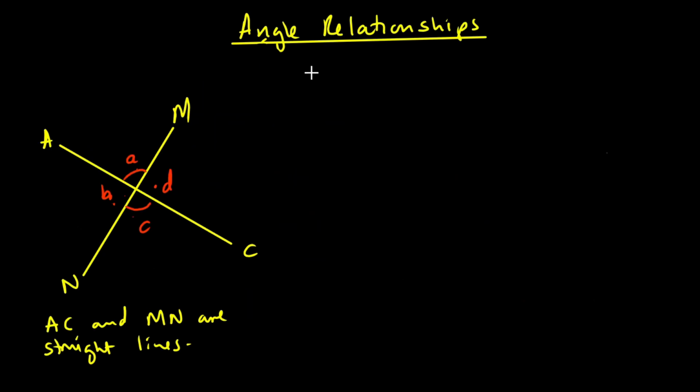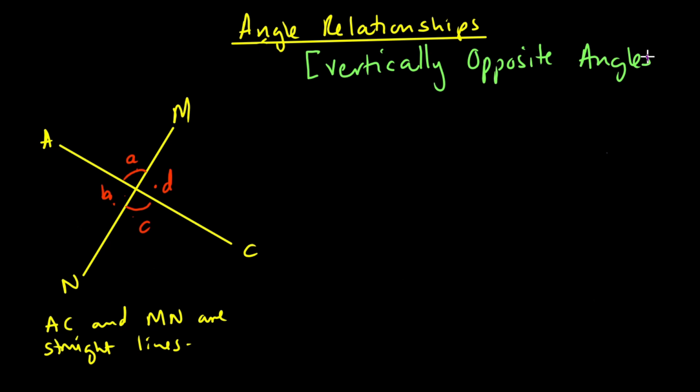So we want to talk about the angles that we call the vertical opposite angles, or vertically opposite angles. So what kind of angles are vertically opposite? The angles that are vertically opposite are like when you see this one on this side, and then there's the other one on the other side, right?